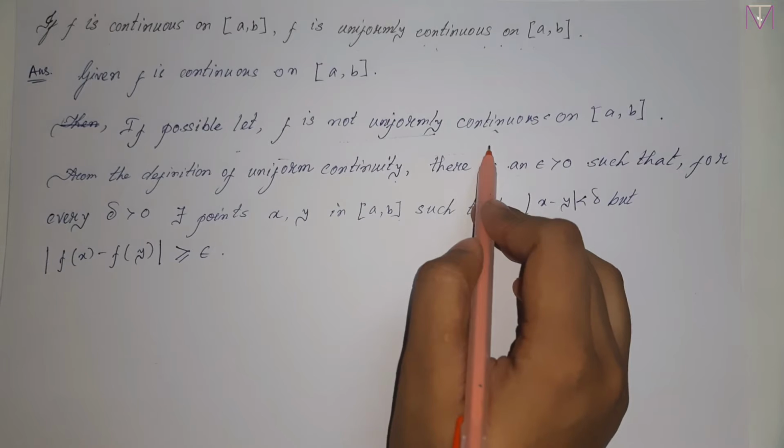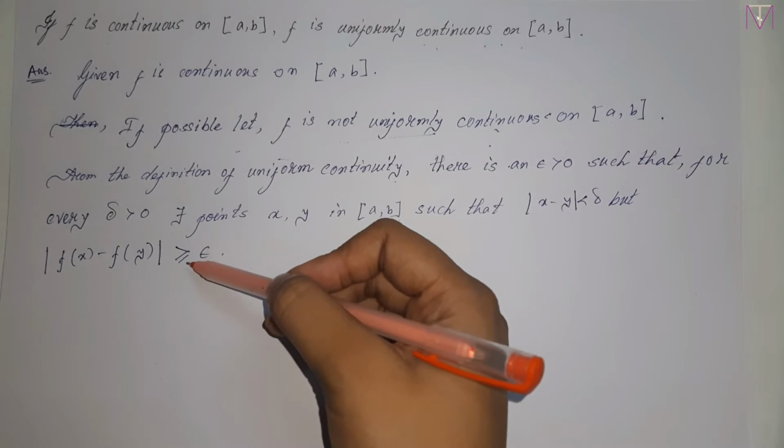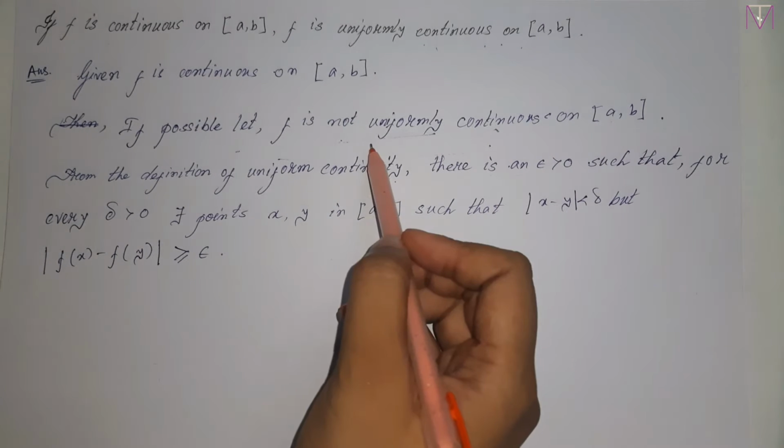Because f is not uniformly continuous, this will be greater than or equal to epsilon.